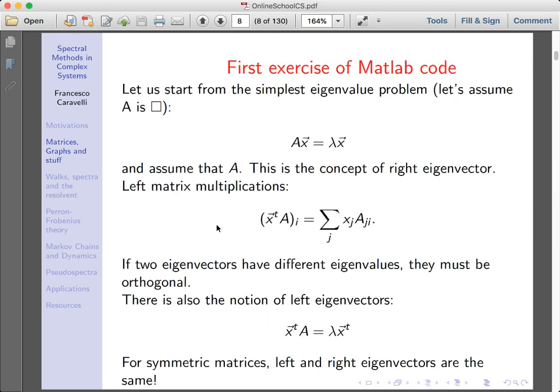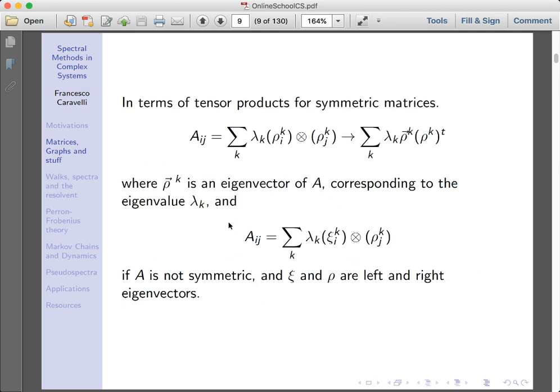Of course, you can have left and right eigenvectors. For symmetric matrices, these are the same and they have the same eigenvalue. For non-symmetric matrices, this is not the case. This is one example of a situation in which I'm going to use the tensor product. A matrix A, if you have an eigenvalue decomposition, can be written in the following form. It's a weighted sum where the weights are the eigenvalues, of the tensor product between the eigenvectors of the matrix A associated with that specific eigenvalue.